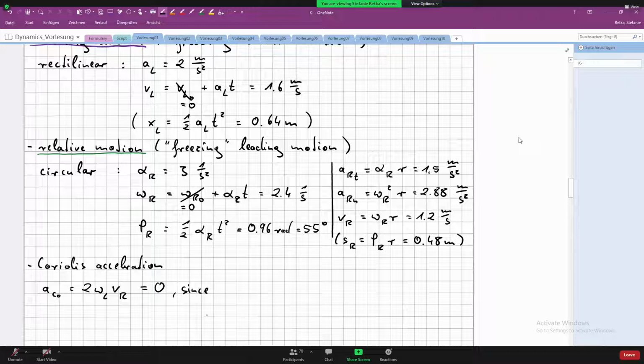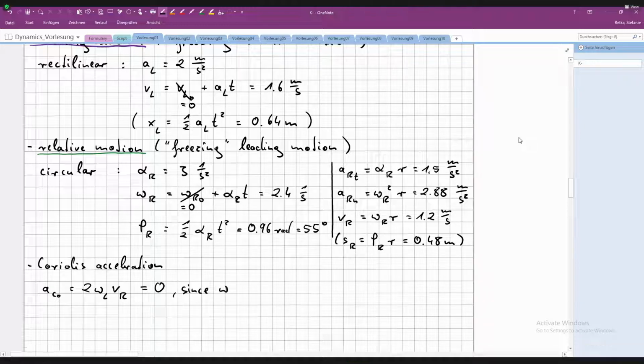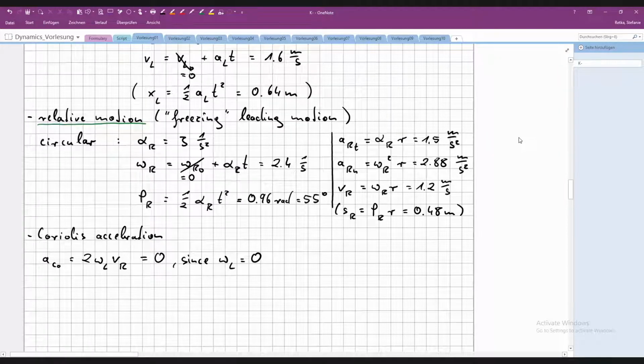Since our leading motion is a rectilinear motion, so there is no leading angular velocity. Okay, now we do have our vector components, and the last step we have to do is compute the absolute velocity and absolute acceleration.